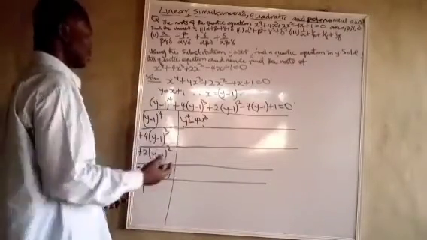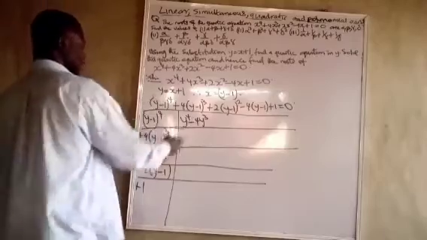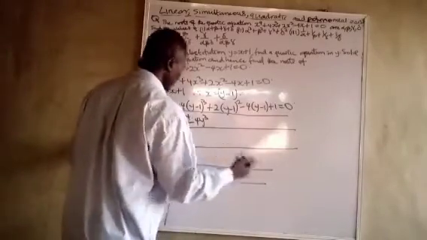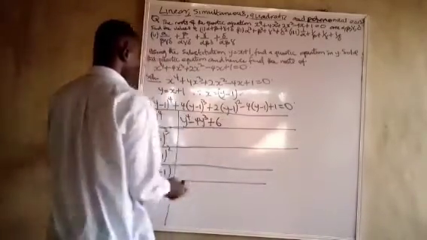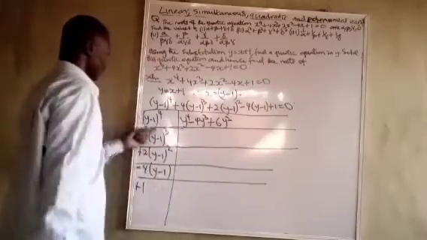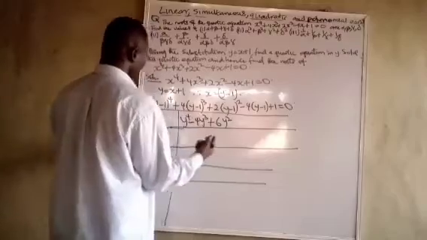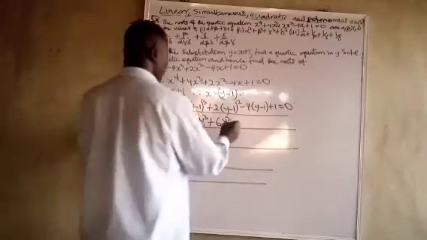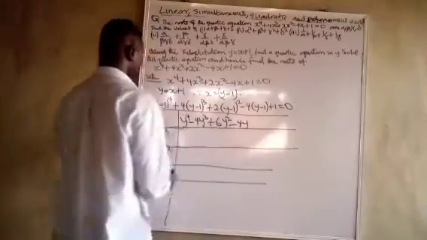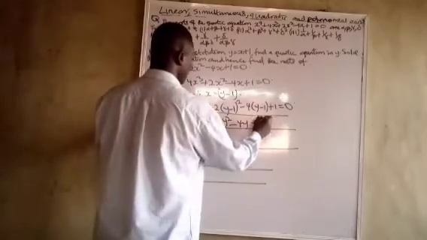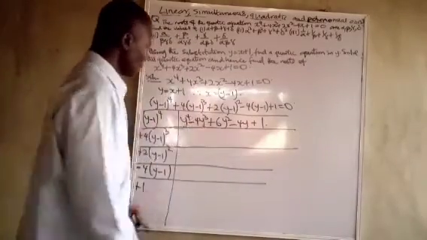And the next one will be 4, 1, 4, 2, plus 6 y squared. And the next one will be minus 4y. The next one will be plus 1. 1, 2, 3, 4, 5.